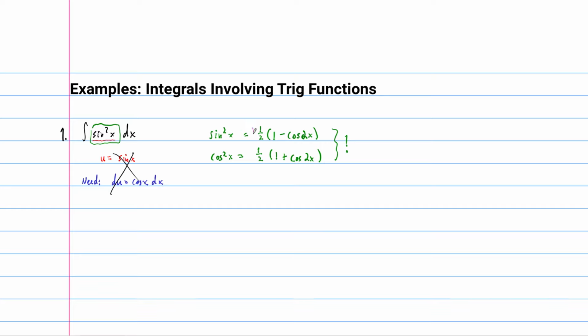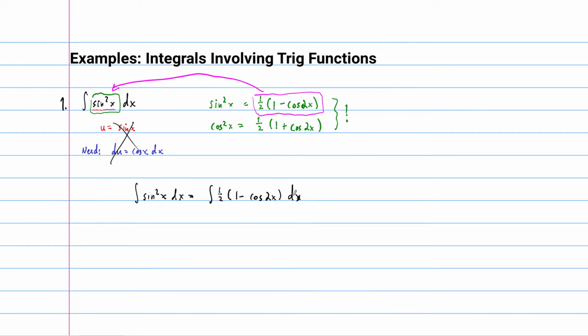So what we're going to do is take this identity and plug it into this function. And so what we'll end up with is the integral of sine squared x dx is equivalent to the integral of 1/2 times 1 minus cosine of 2x dx. And then it turns out that we can integrate this, because integrals are always linear, right?